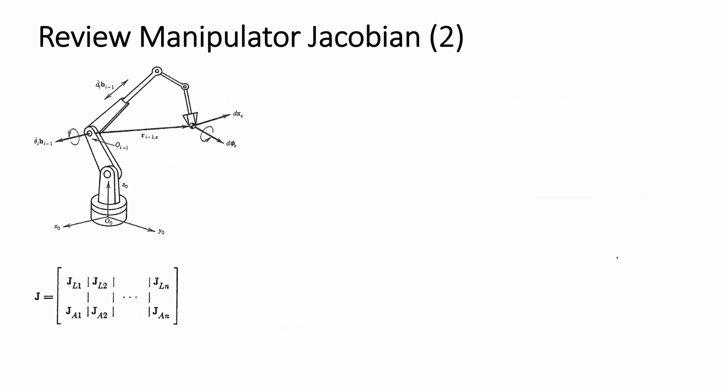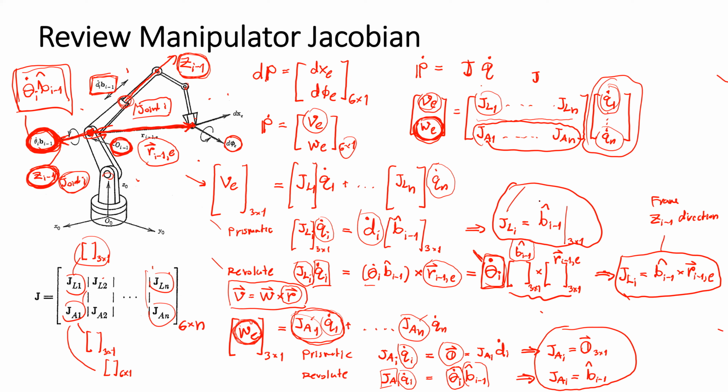So to summarize, for any prismatic joint I, the linear Jacobian and the angular Jacobian: the prismatic joint has the linear Jacobian as the unit vector that indicates the direction of z I minus 1.